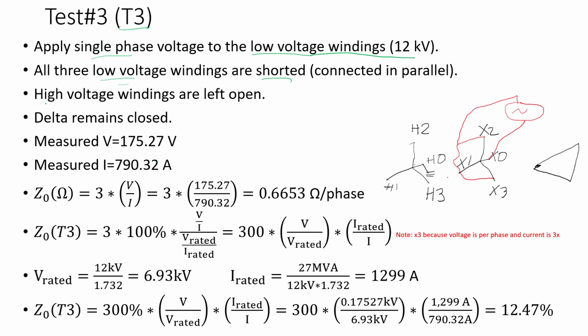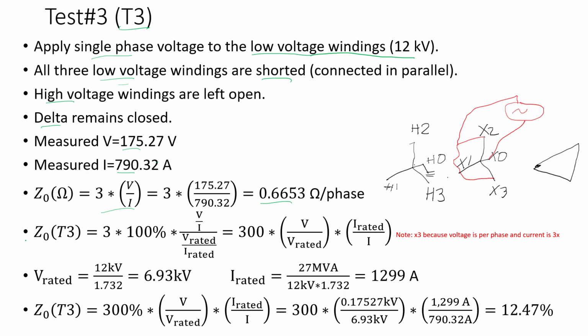The high voltage windings are left open, so you see they're open. The delta remains closed, so the measured voltage is 175.27 volts. The measured current is 790.32 amps. Again, I go through the same equation, I plug the numbers, I get 0.6653 ohms per phase.